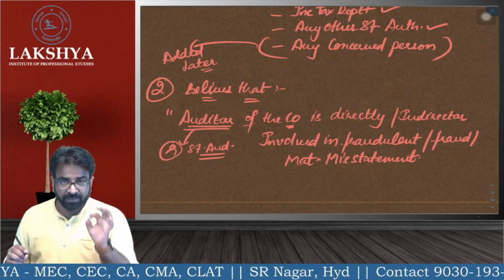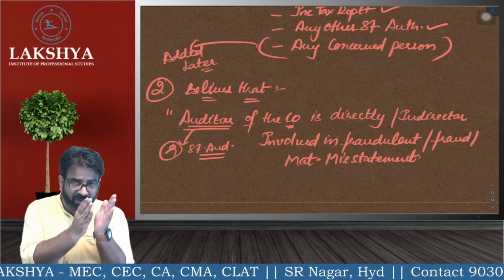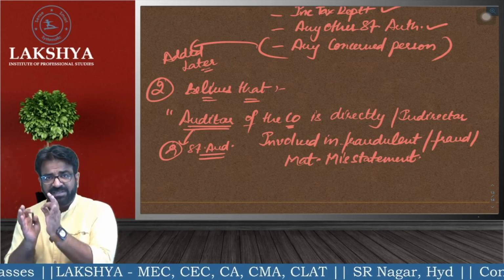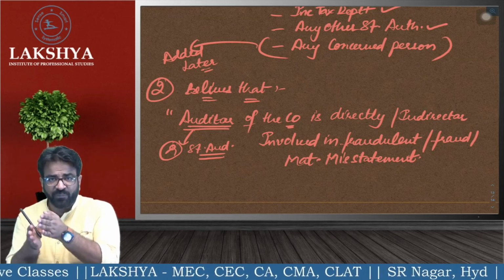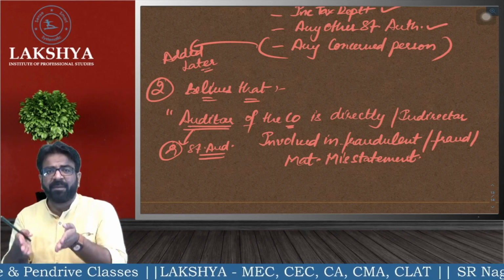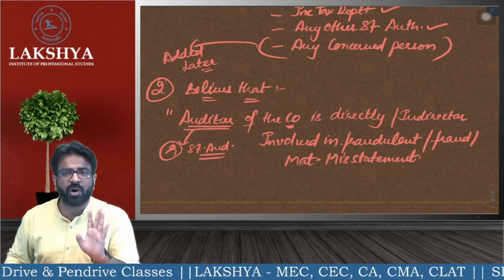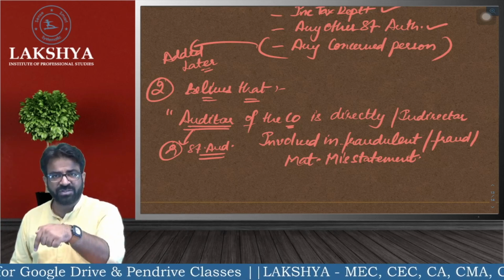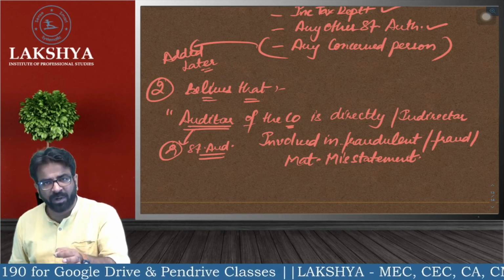Remember one thing, the main distinction between 140 subsection 1, subsection 4 and 140 subsection 5 is this only, where members' removal will come, where NCLT removal will come. In members' removal, the auditor is not involved in any kind of fraud, but in this removal the auditor is involved in fraud.